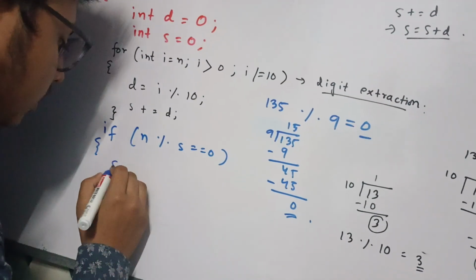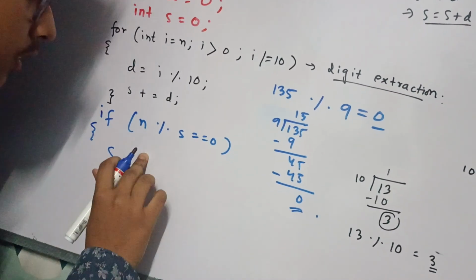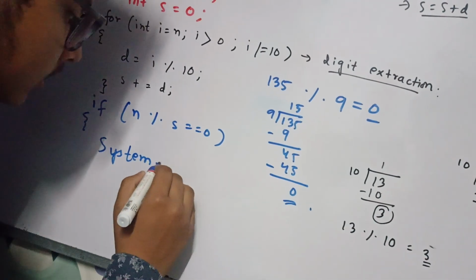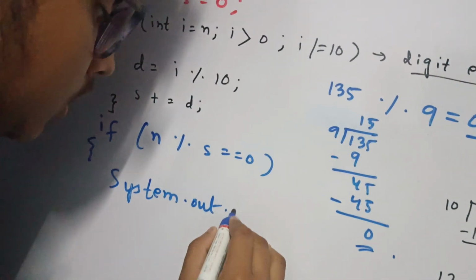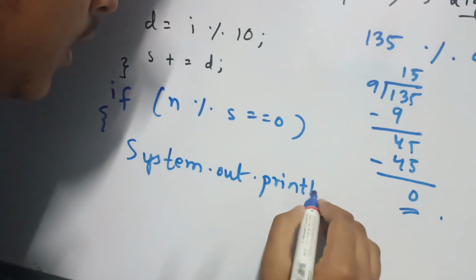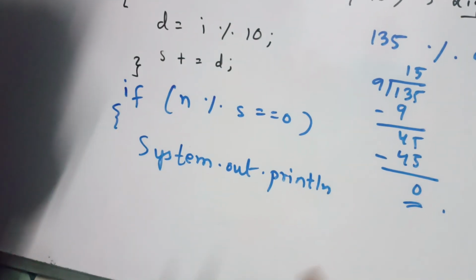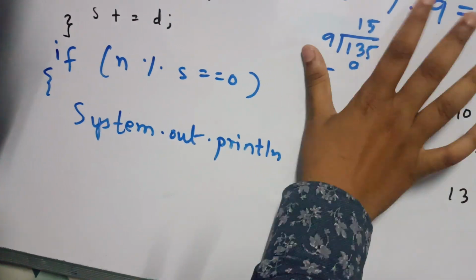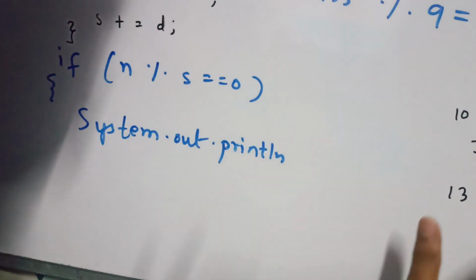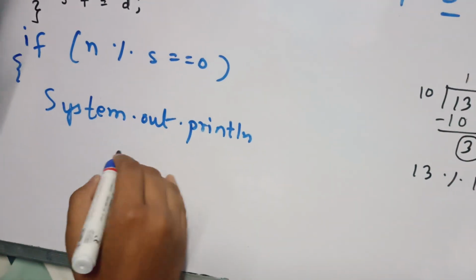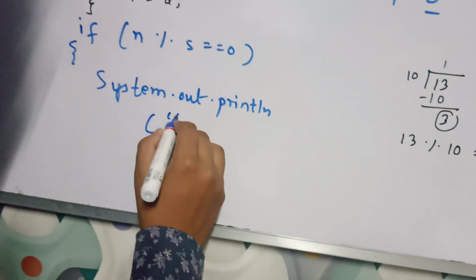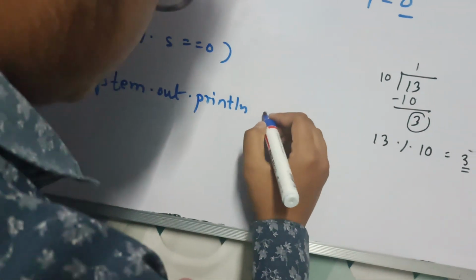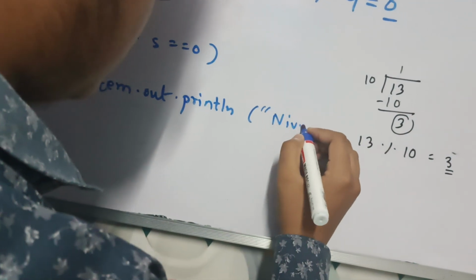If this is correct, if this executes, then it will come inside the brace and print with System.out.println. Let me write it here: Niven number.